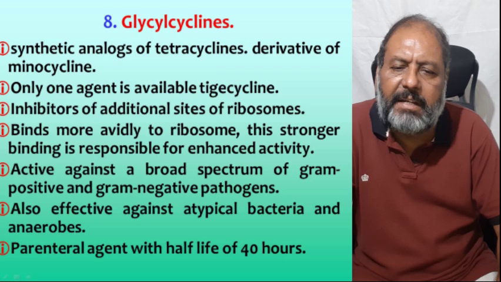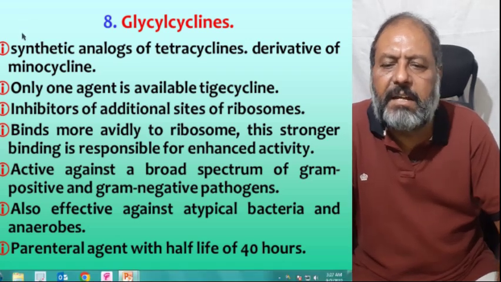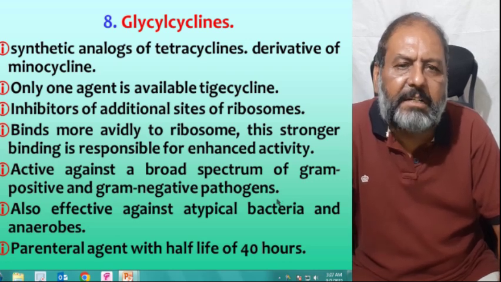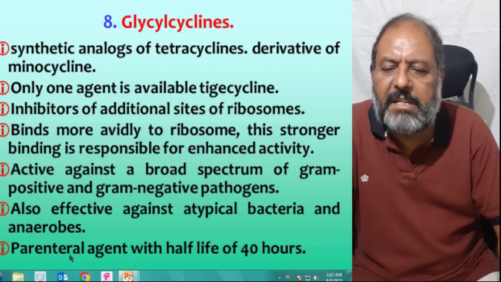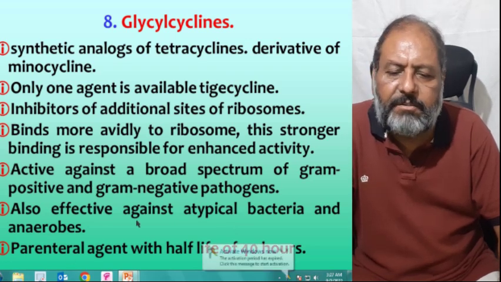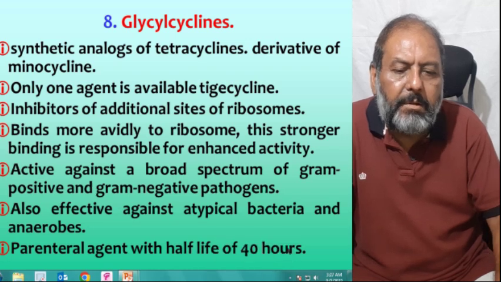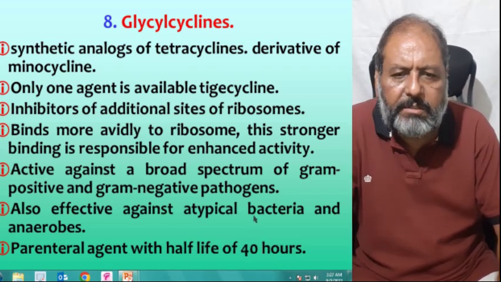This stronger binding is responsible for enhanced activity. They are active against a broad spectrum of gram-positive and gram-negative pathogens, also effective against atypical bacteria and anaerobes. It is a parenteral agent with a half-life of 40 hours, so it can be given once only.